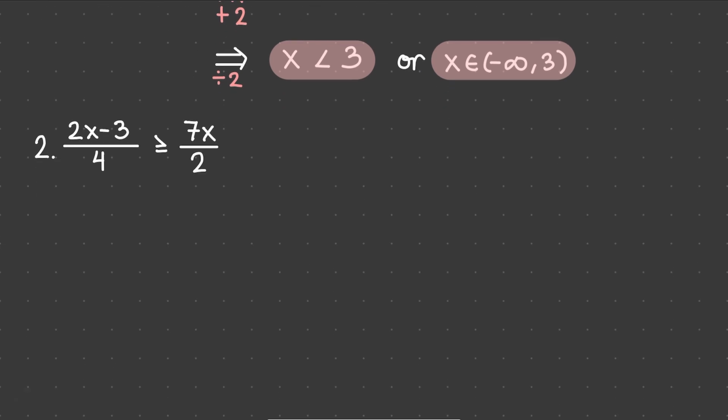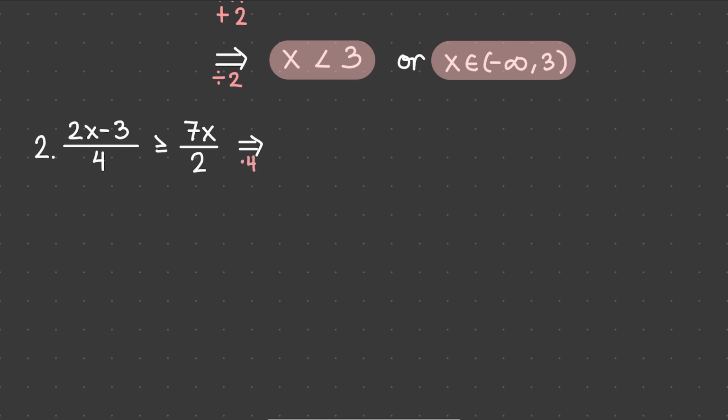Okay, so for this next one, we have here two technically rational expressions, but we can still view them as linear since these things are just constants. So how can we view this as linear? Well, we can just multiply both sides by 4, and that would omit the denominator. So again, multiplying both sides.